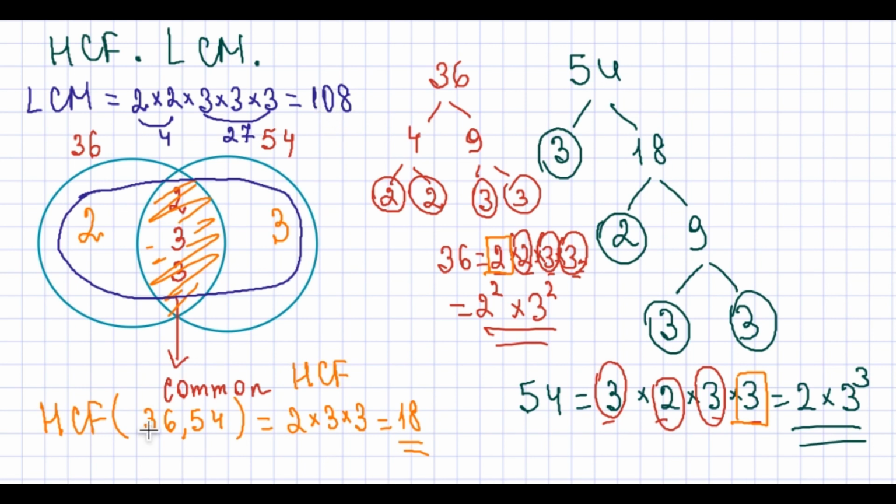So LCM of 36 and 54 is 108. It means the smallest number, the minimum number, that is divisible by both 36 and 54 is 108. There is no number smaller than 108 that can be divided by both 36 and 54.